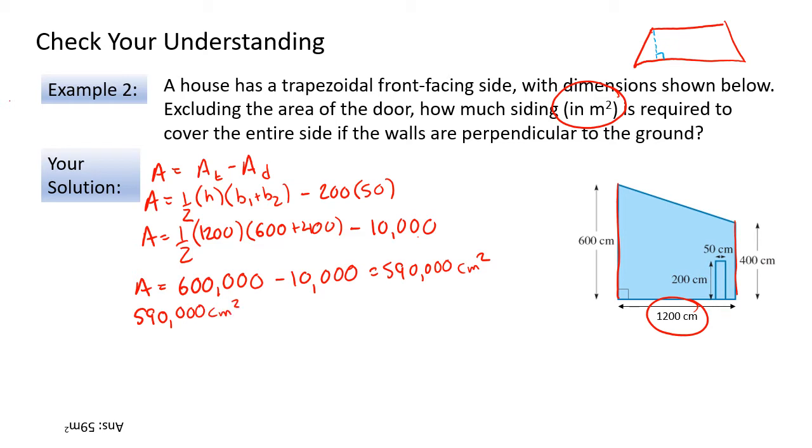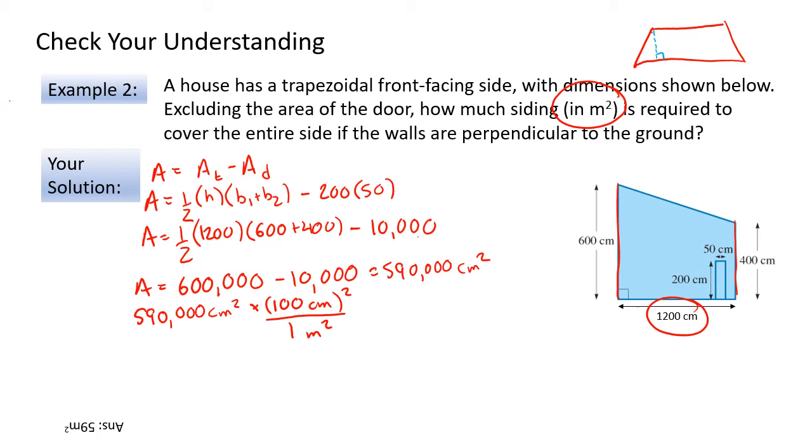Remember, going back to our ratios and proportions, for 1 meter, there's 100 centimeters, right? So in other words, if we wanted a meter squared, that's the same as writing 100 centimeters squared, right? Divided by 1 meter squared.